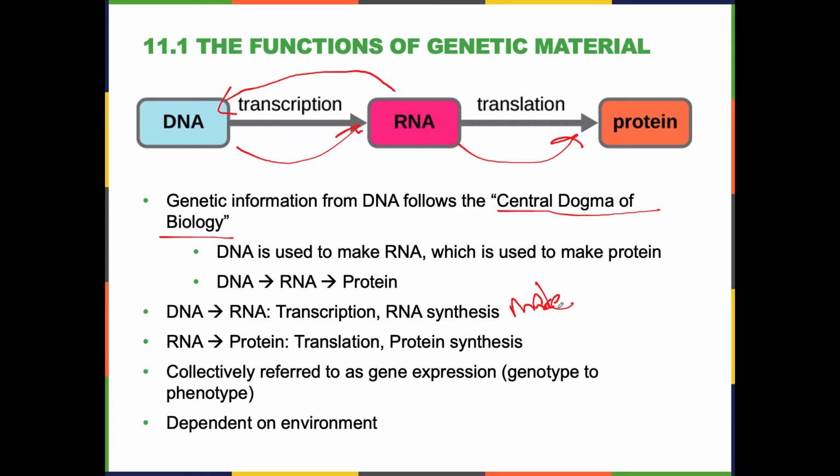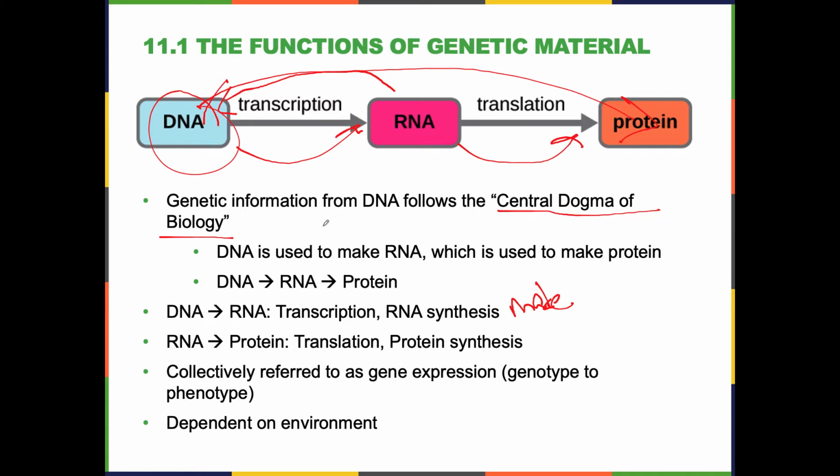So translation, now we're changing the molecular language from nucleic acid to amino acid. And collectively we refer to this as gene expression, when we go from DNA to protein with that RNA intermediate. And as we talked about, gene expression is extremely dependent on the environment, right? Some not so much, but many genes are not turned on unless we are under the quote-unquote right environment.